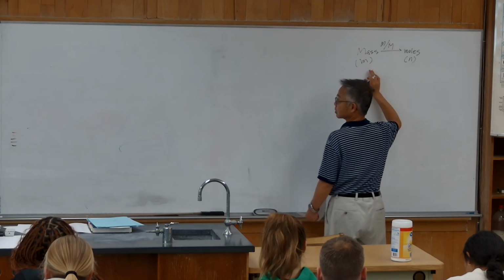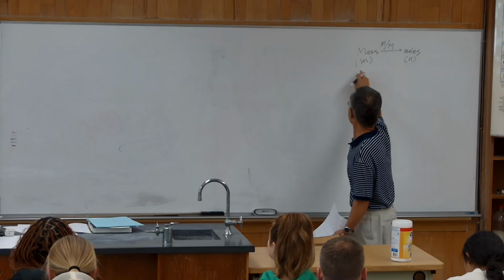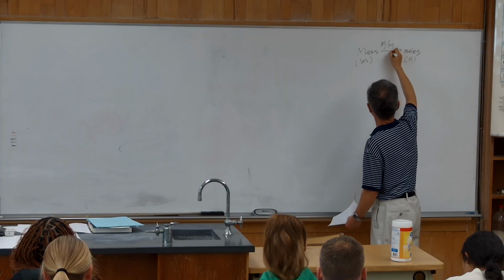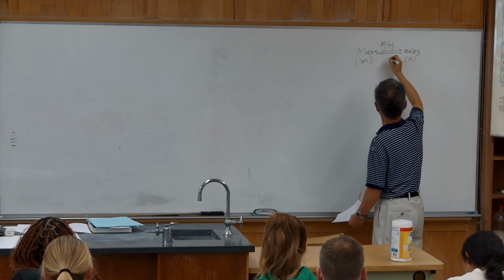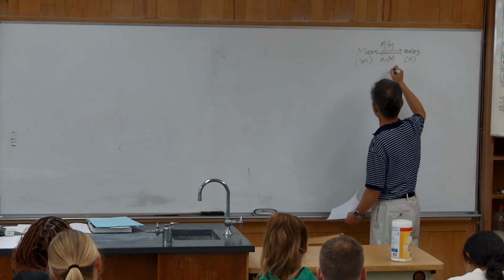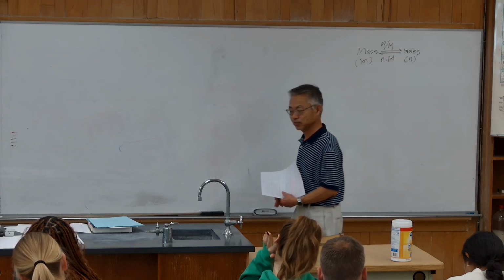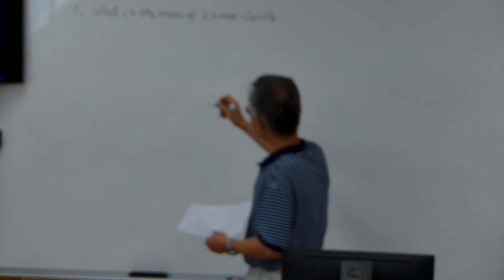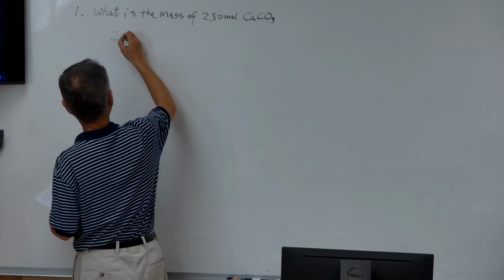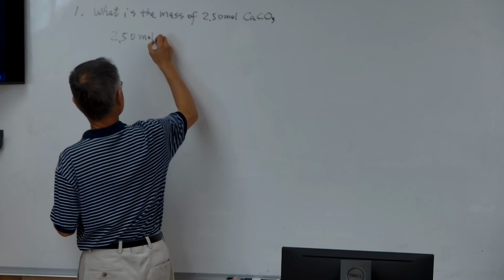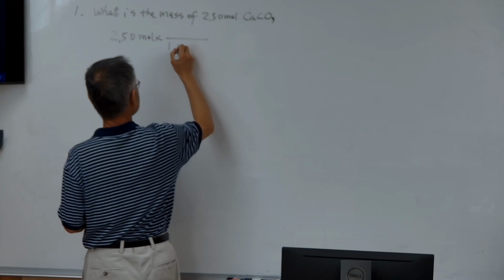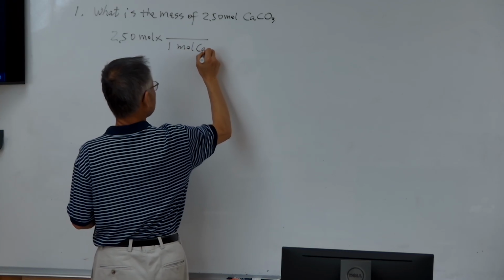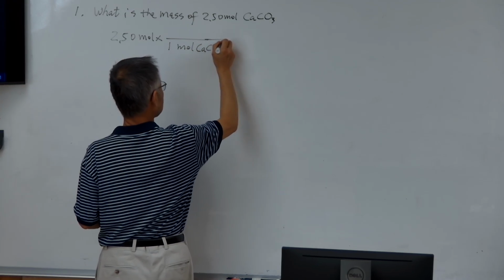Tell us moles, ask mass, so it's the opposite. So moles multiplied by molar mass. Moles 2.5. Now what is the molar mass? We need to use the periodic table.